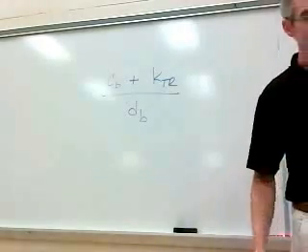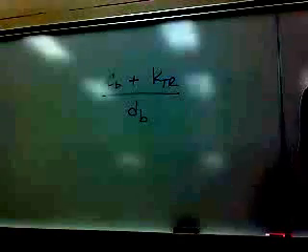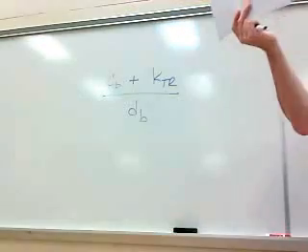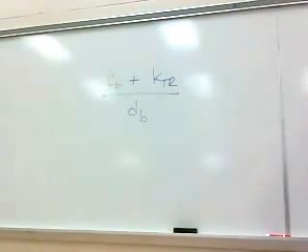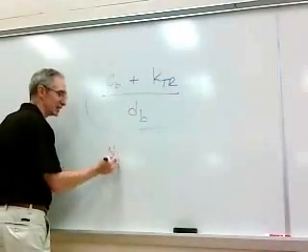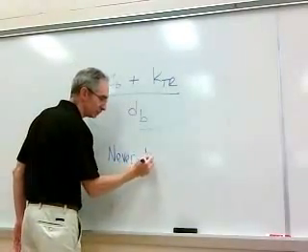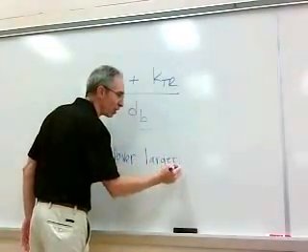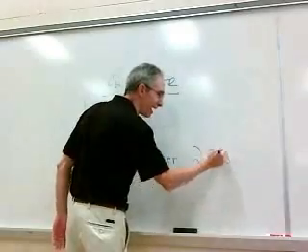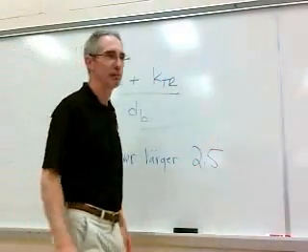The one thing that I want you to write down underneath all the code stuff here is this denominator is never taken as larger than 2.5. So write that down on your piece of paper.